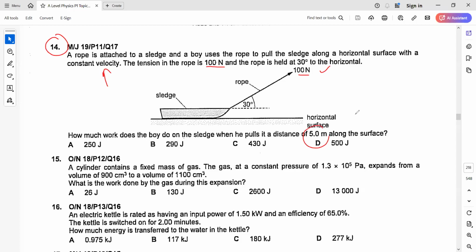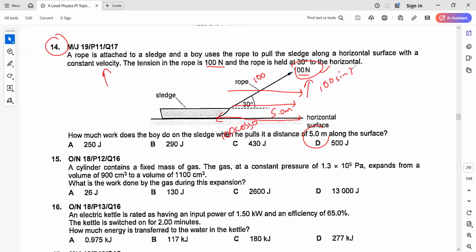So basically, this offers certain friction, maybe. So there obviously is no change in kinetic energy, but there should be some friction because this guy is experiencing a force here. So we have to just find out. They've already given us this distance, that's 5.0 meters. We have to just find out the component of force parallel to this. So if this is 100, this is going to be 100 cos 30, and that's going to be 100 sine 30.